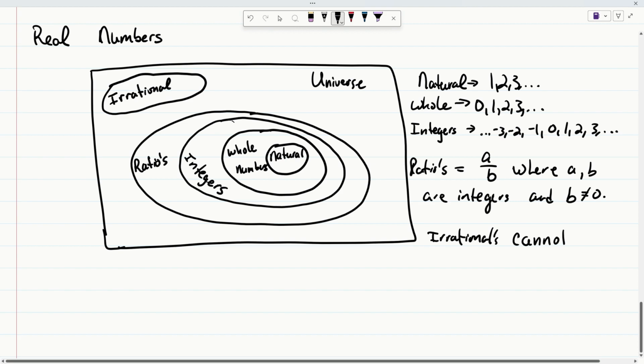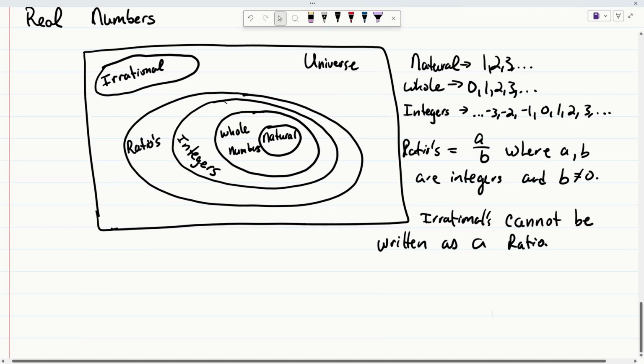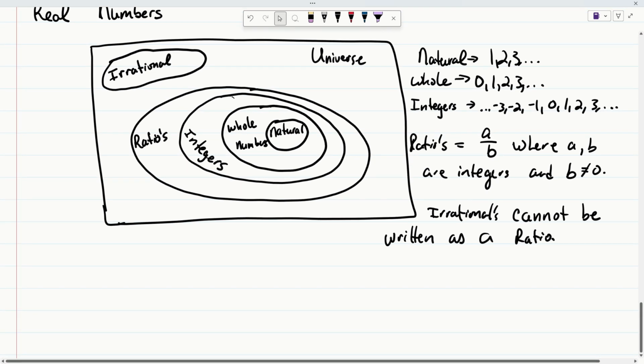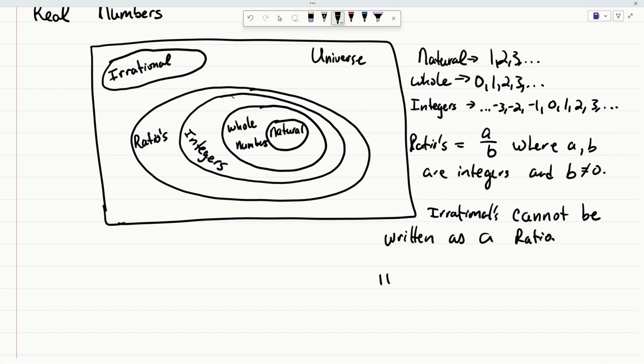Irrationals cannot be written as a ratio. All right, and we do have some very famous ones. The most famous is probably pi.